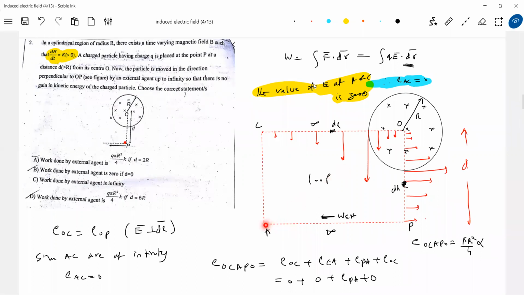If you choose like this, then what happens? We'll get almost half of this value. 90 degrees, 45 degrees. Pi r square by 8 will come.